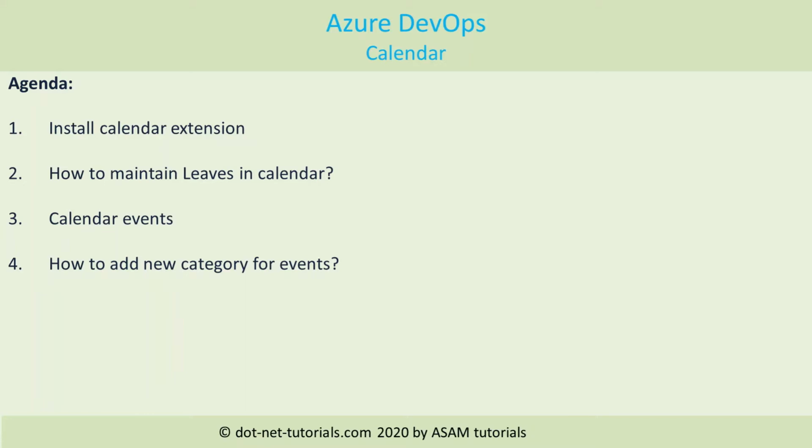The third is calendar event such as town hall or sprint pre-planning, sprint planning, sprint retro, all those any event, how to maintain it. At last, I will show you how to add a new category.